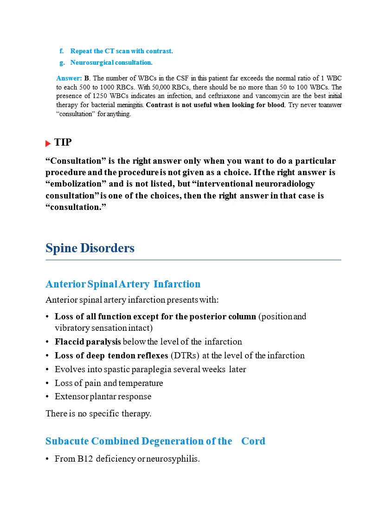The right answer here is B, and the explanation behind this answer is that the number of WBCs in the CSF in this patient far exceeds the normal ratio of 1 WBC per each 500 or 1000 RBC. With 50,000 RBC, there should be no more than 50 to 100 WBC.